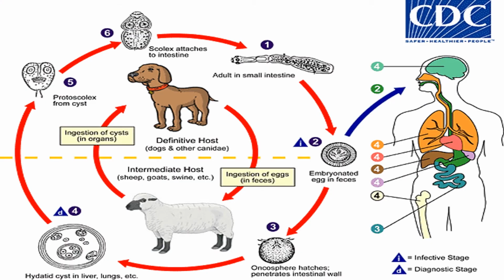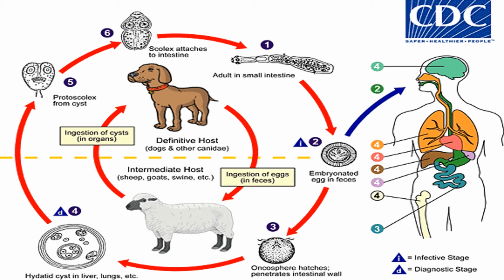In the life cycle, as you can see, the usual definitive host is dogs, while humans are accidental intermediate hosts.